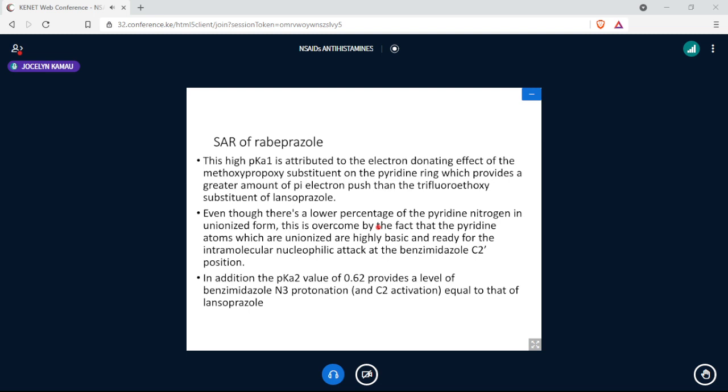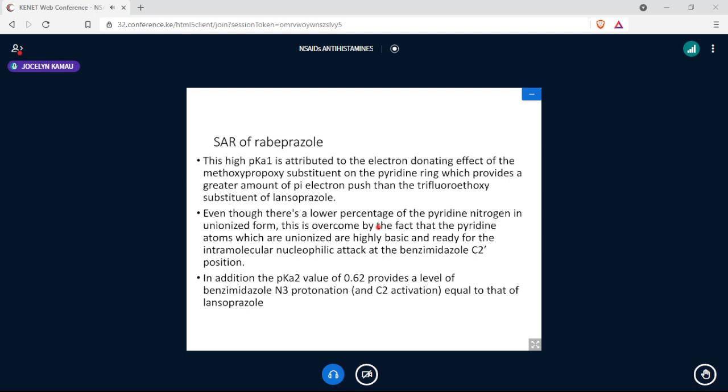In addition, the pKa2 value of this is 0.62, which provides a level of benzimidazole N3 protonation. In other words, it also has a high pKa2 compared to the others, like pantoprazole, which I think we saw was 0.11. So it has a high pKa2, allowing for the protonation.